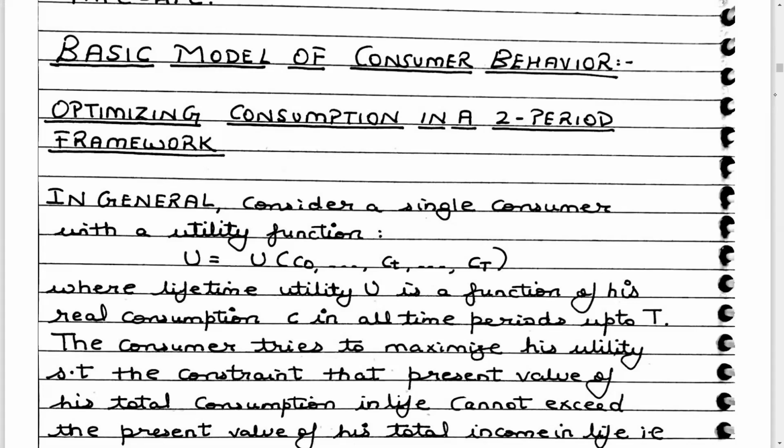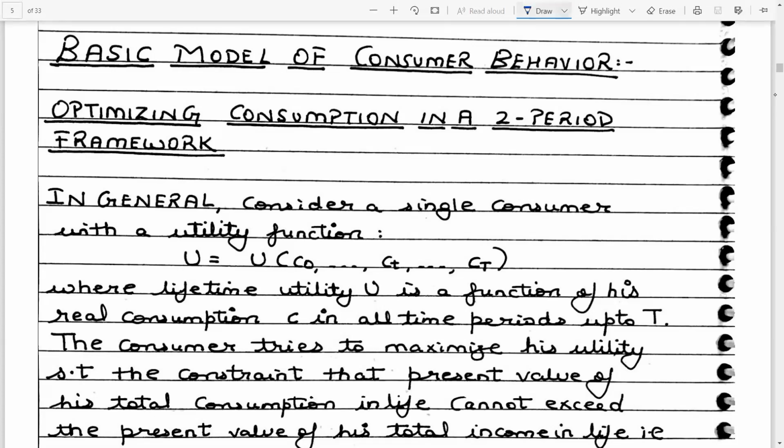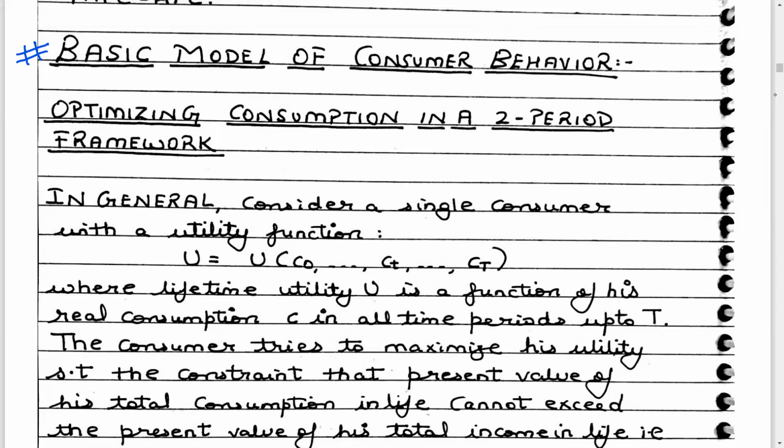Now, in this second lecture of consumption theory, we talk about the basic model of consumption behavior. We will be looking at consumption in a two-period framework. Students who have studied with me the intermediate microeconomics lectures on intertemporal choice, we have done this discussion in intertemporal choice as well.